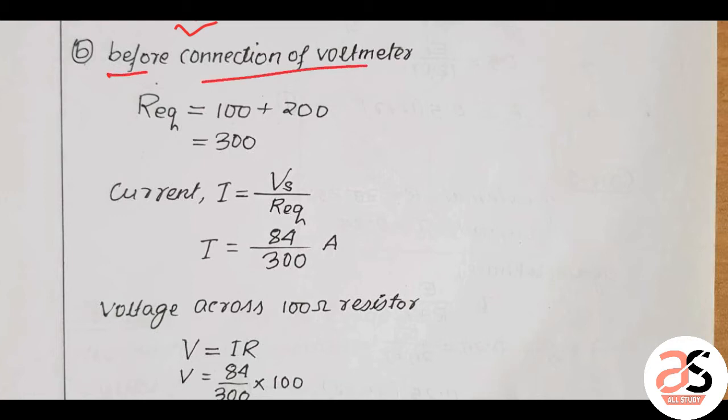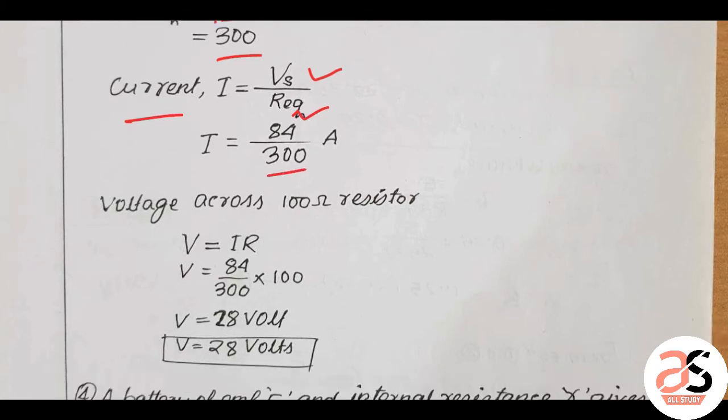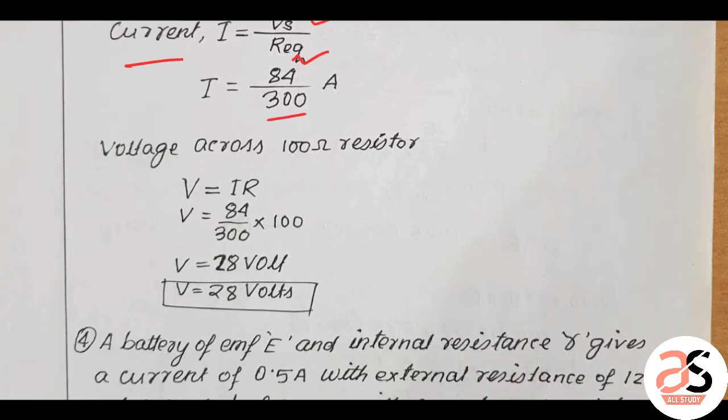Before connecting the voltmeter, there is no internal resistance, so resistance will be 100 plus 200, 300. So current is source voltage by total, which is 84 by 300.